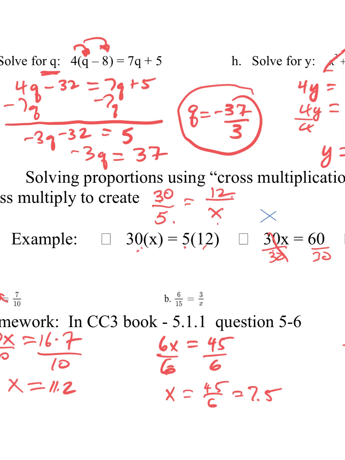I kind of took a shortcut here. I didn't show my work. So hopefully you can understand me and are listening. So we get x is equal to, what's 60 divided by 16? 60 divided by 16, we get 3.75.